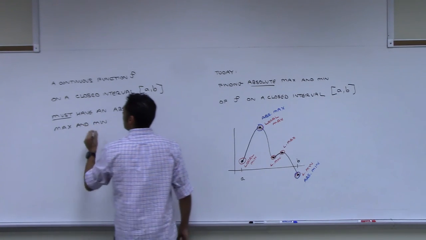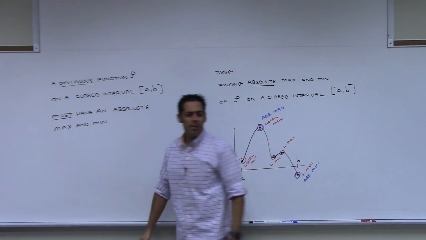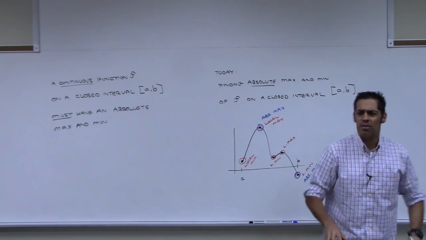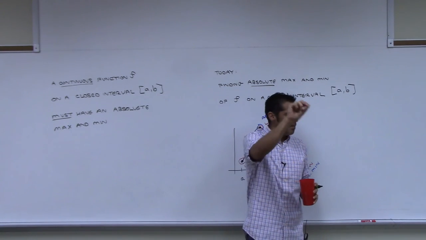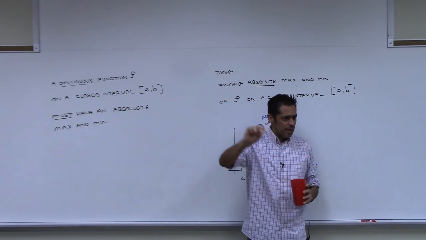Okay, must. But we have to have a continuous function. Do you remember what it meant to be continuous? We talked about it briefly in here. Just means you can draw the function without picking up your pencil. You remember me talking about that?